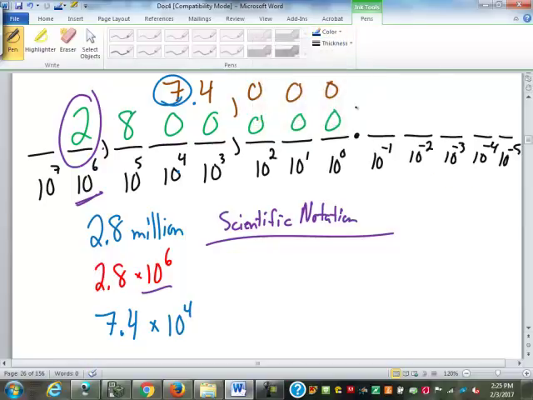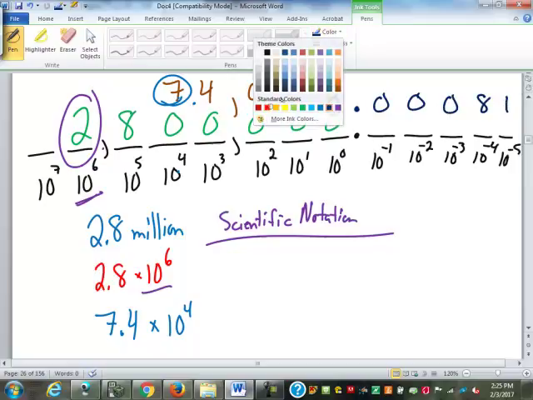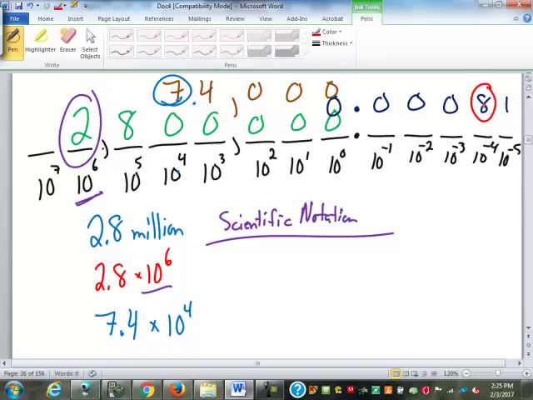Likewise, if I have a decimal, let's say I have 0.00081. I take that first non-zero digit, the 8. I'm going to put the decimal point after it. Then I'm going to name the rest of the digits. 1 is all that's left. And then I name the place value of that 8, which is in the 10 to the negative 4th place.